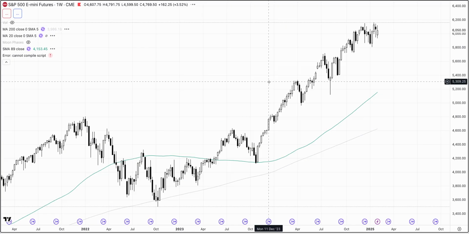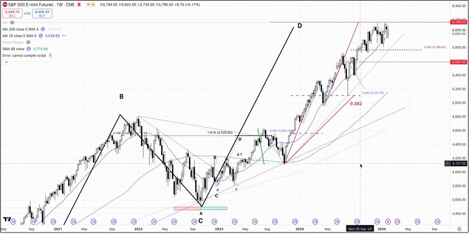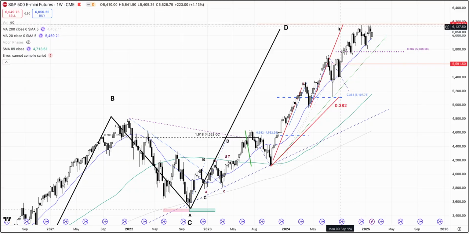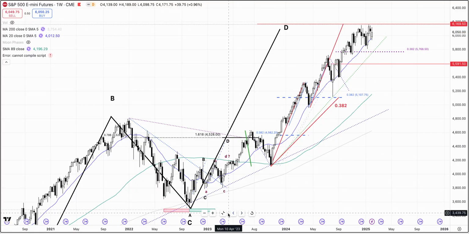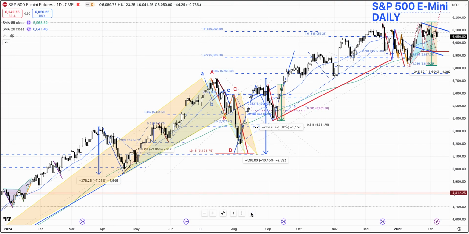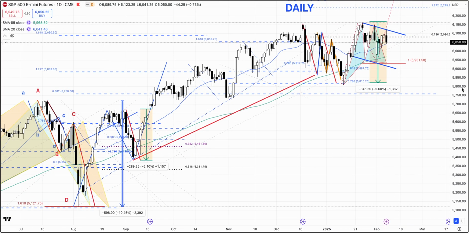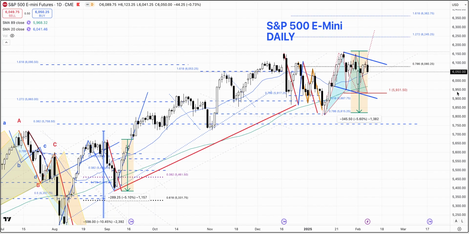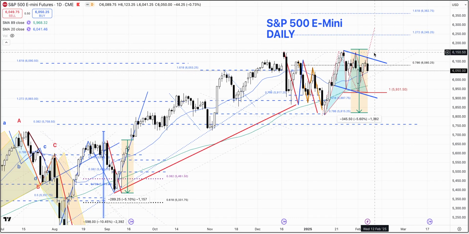Now let's take a look at the S&P 500 on the futures. We have similar pattern formations right here, and you can see that the market is just sideways. And on the shorter term daily charts, here we go. We have that pattern available as well, which we discussed on the cash market.